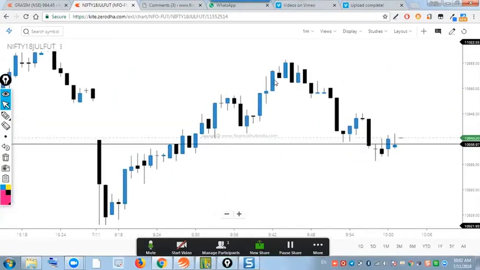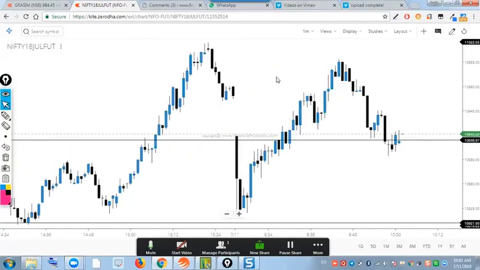Sorry, I have taken the entry based on the ship breakout, not based on the LOC. So my entry was in here, but the people who are entering based on the LOC should be entering on the level here, which is around 38. Okay, 38, and I've kept a stop loss of 35 here, which is not triggered yet.